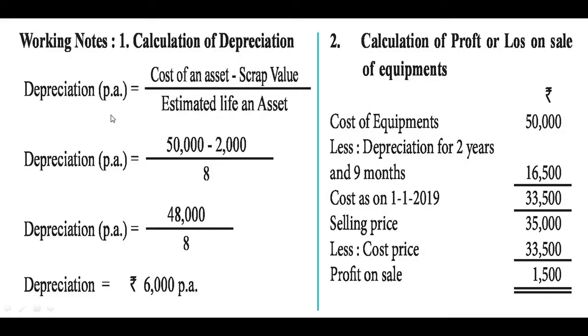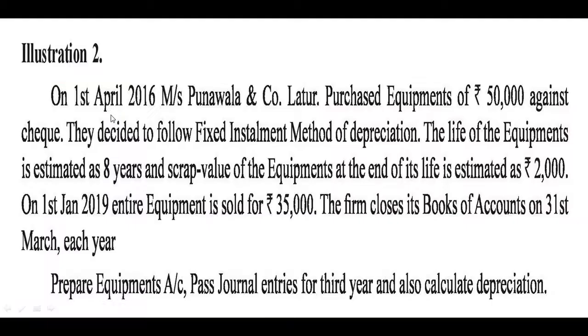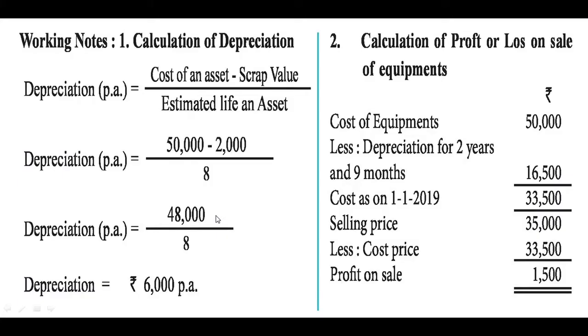In the question, cost is Rs 50,000. Estimated life is 8 years and scrap value is Rs 2,000. So 50,000 minus 2,000 divided by 8, 48,000 divided by 8. Therefore depreciation per annum or per year is Rs 6,000.